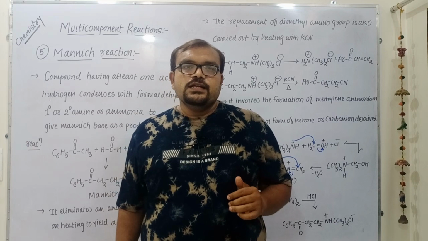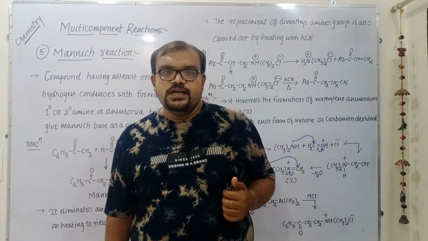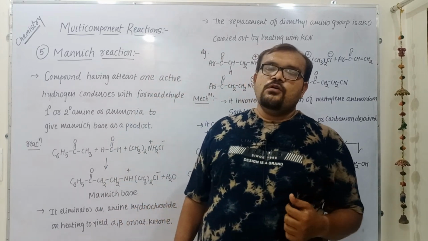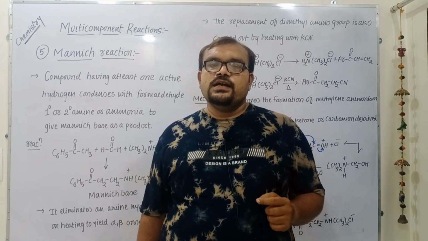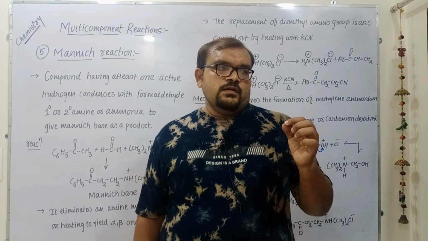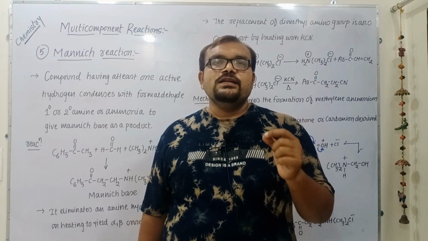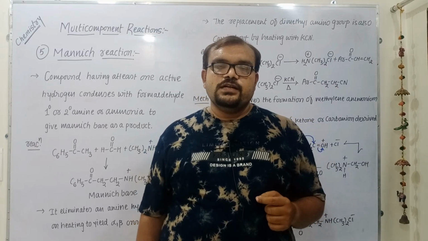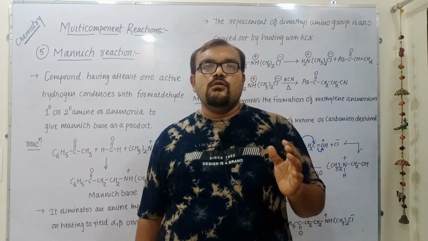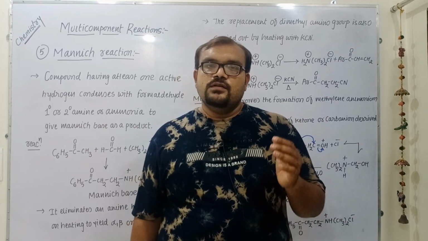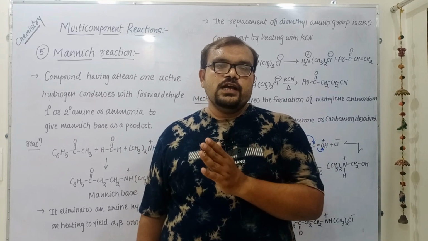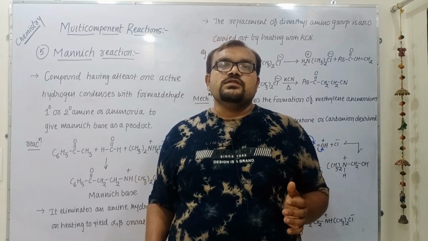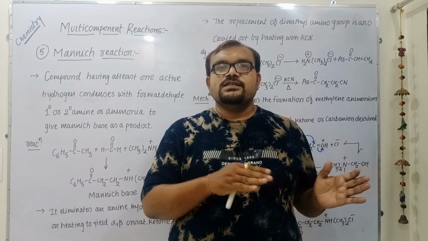Next important reaction is the Mannich reaction. As we can see on the board, in the Mannich reaction, what will be carried out? A compound having at least one active hydrogen atom reacts or condenses with formaldehyde and a primary amine or ammonia to give a Mannich base as a product.